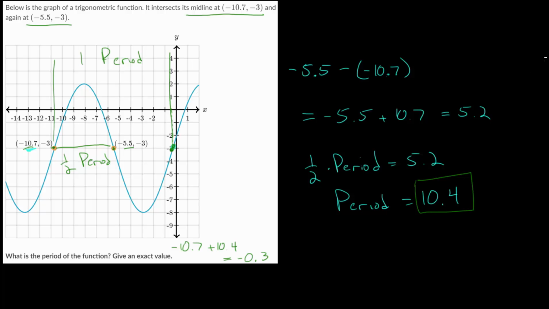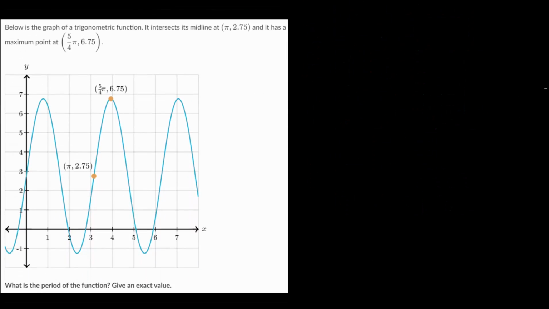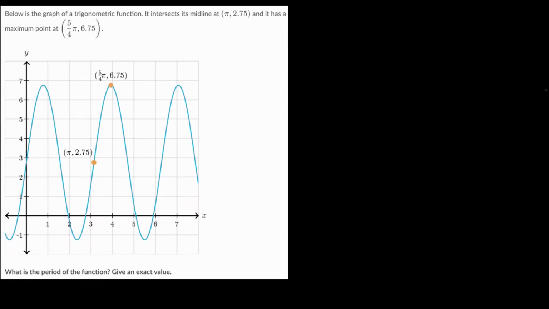And from here, let's do one last example problem, where again, we're given this sinusoidal function and we need to find its period. Though in this case, we're told where it intersects the midline, and we are told one of the maximum points. So here's our midline point, and here's our maximum point. And keep in mind that over one period, it would go back through the midline.